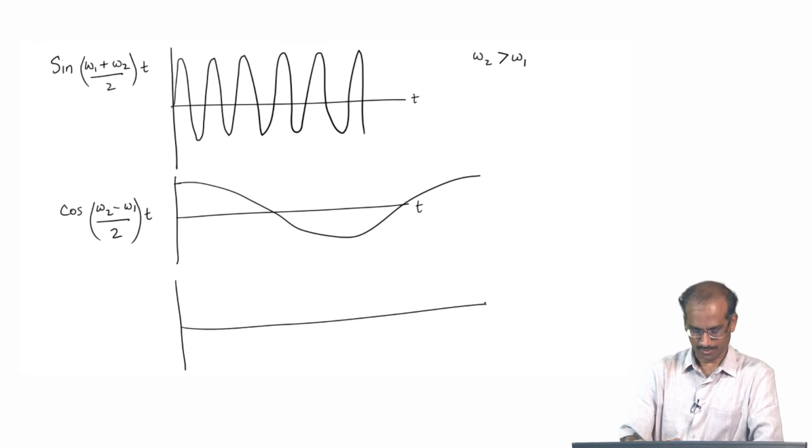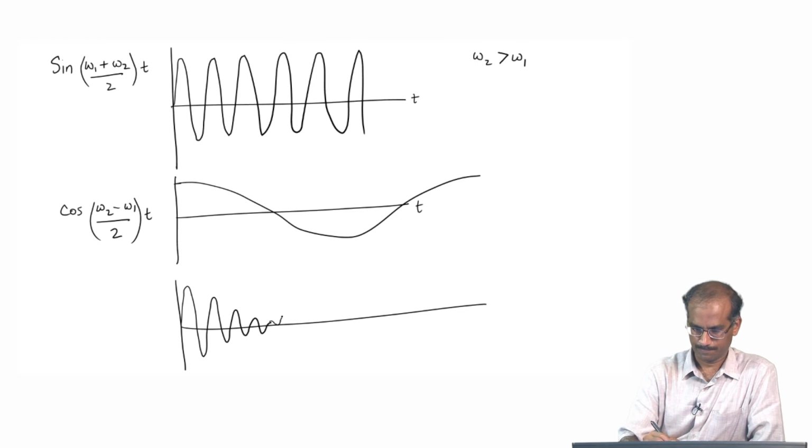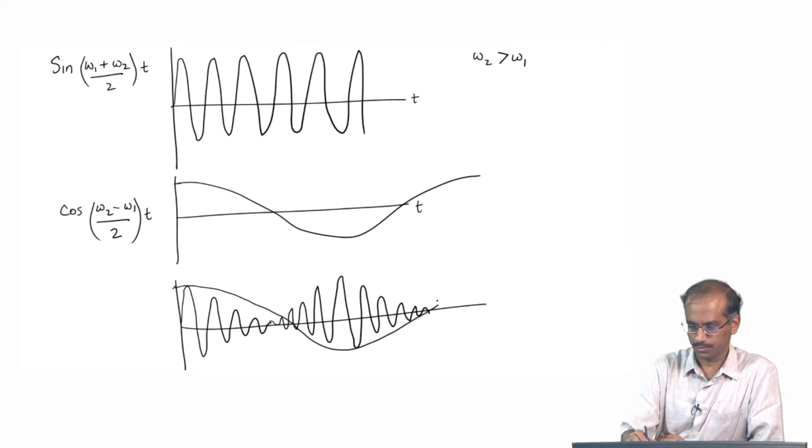what I would effectively see is that the cosine function would decrease in amplitude and so on. What you are left with is an envelope that goes like this.